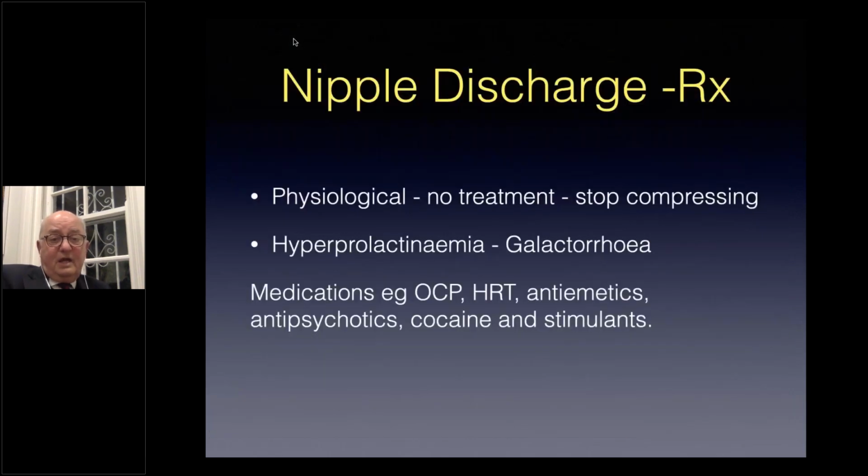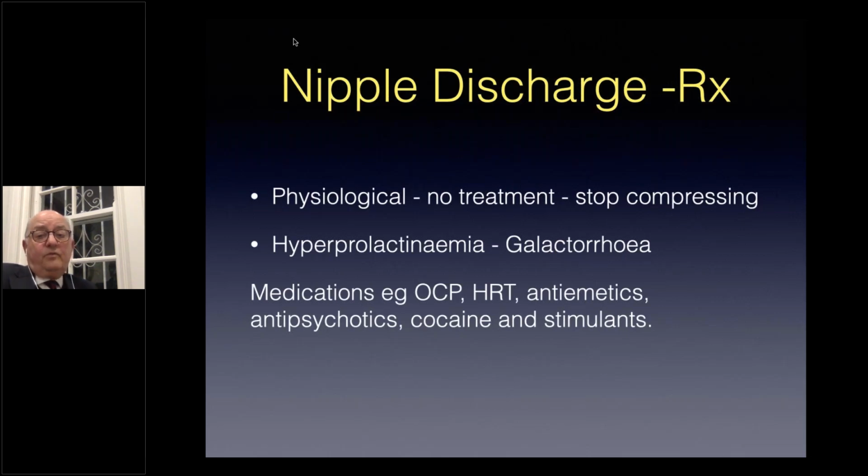So nipple discharge, if it's bilateral and if it's yellowy green, and it's only when people compress, tell them to stop compressing the breast. It's physiological and of no concern. It's very normal to have fluid in the ducts of the breast, which is usually reabsorbed, and nothing further needs to be done.